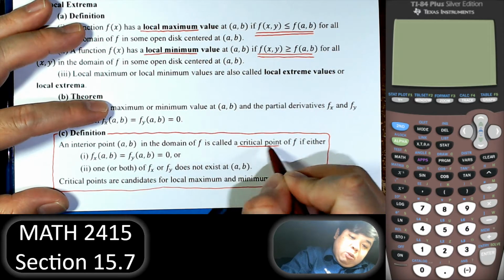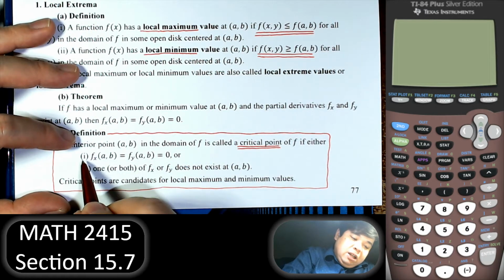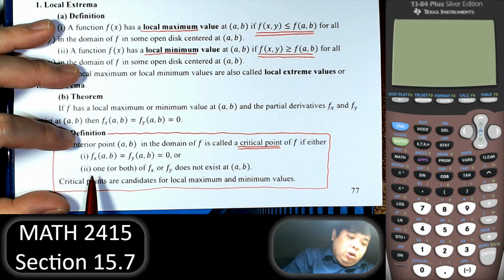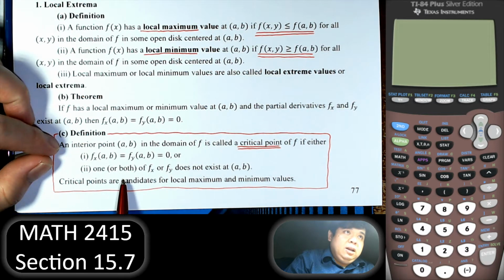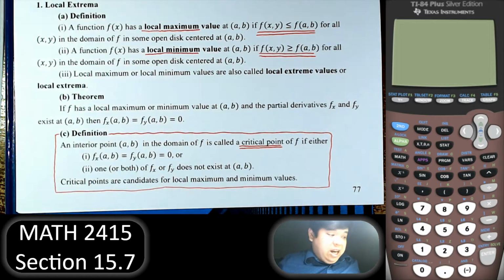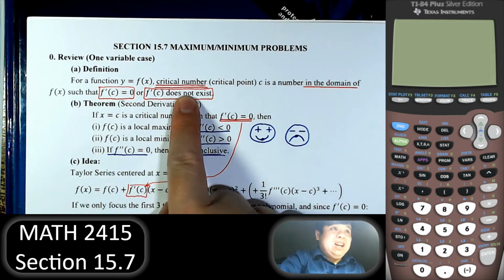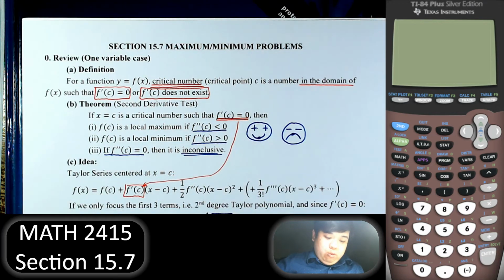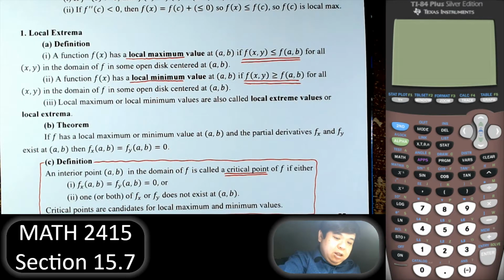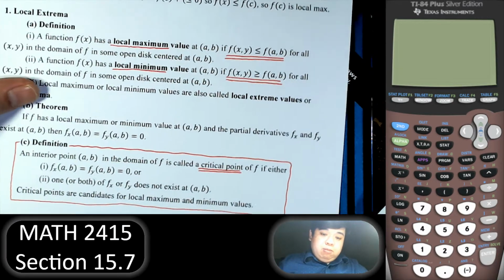We define a critical point if the partial derivatives equal 0 or one of them does not exist. And the critical points, of course, are the candidates for maximum and minimum. So partial derivative equal to 0 or does not exist, exactly like what we have in calculus 1, and it has to be in the domain. But we define that for functions of more than one variable.